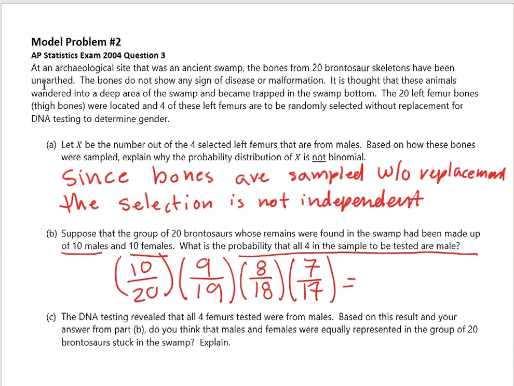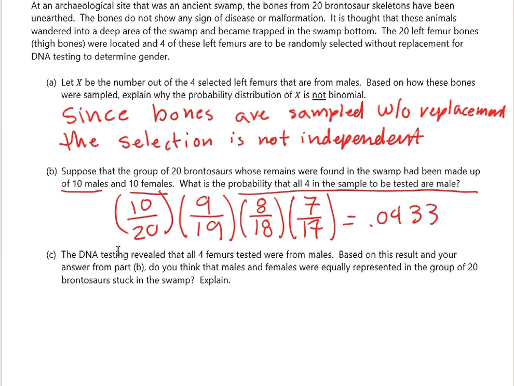So if we're looking at the next part, it says the DNA testing actually revealed that all 4 femurs tested were from males. Based on this result and your answer from part B, what do you think? Do you think that males and females are equally represented in the group of 20 brontosaurs stuck in the swamp?